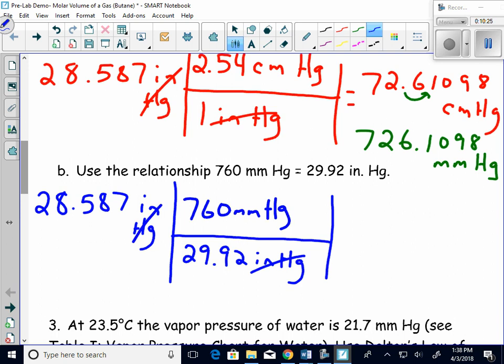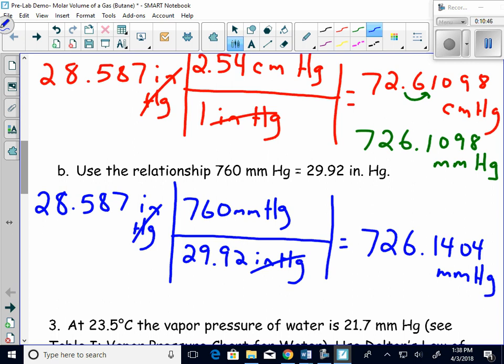So my inches of mercury cancel. When I do my math for that one, it comes up to a value of 726.1404, and my label is going to be millimeters of mercury.